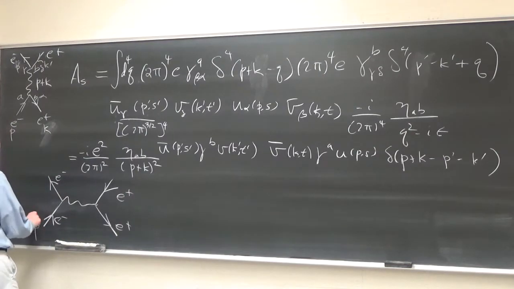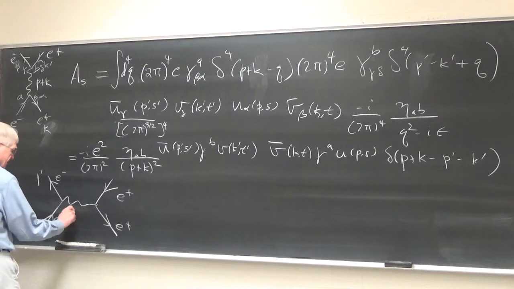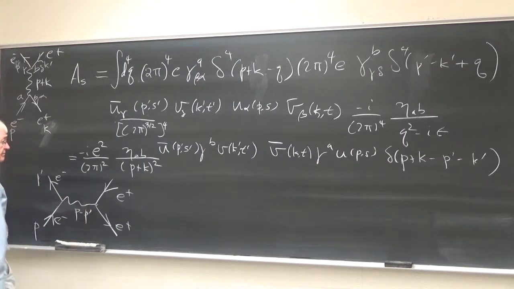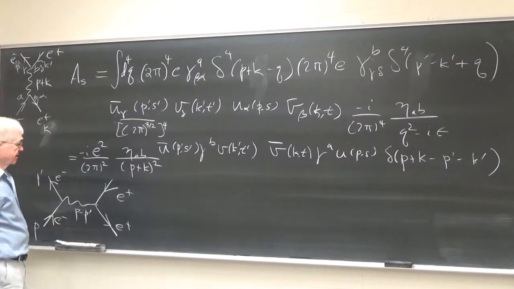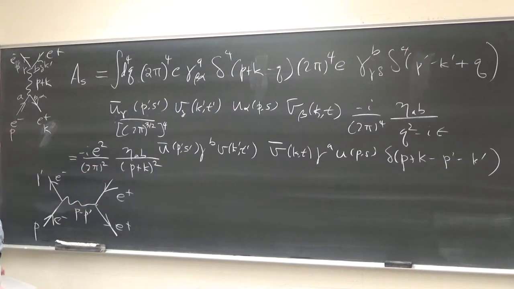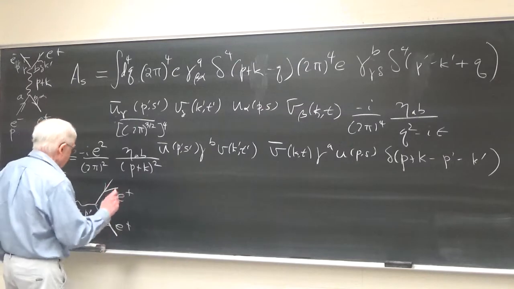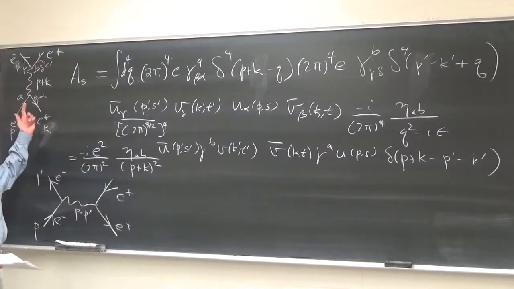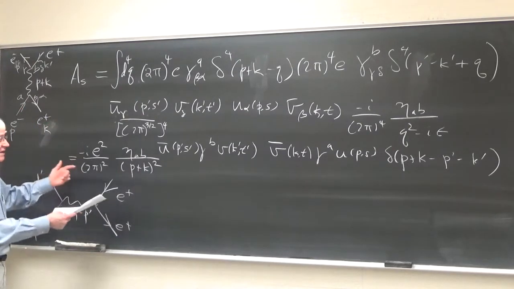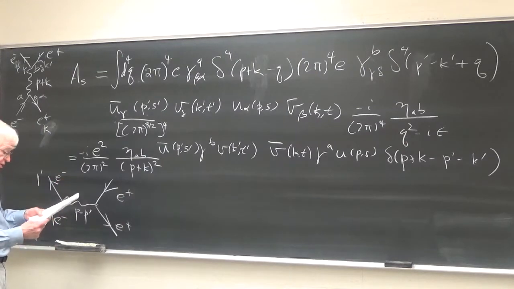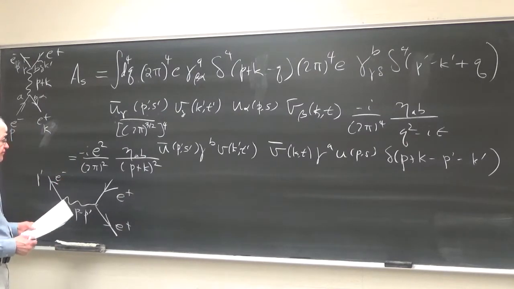If this is p and this is p′, then this is p minus p′. And now we can basically just write the Feynman diagram down. But notice we're dealing with fermions here, so we have to worry about minus signs. And so I'm going to do this whole calculation in a little more detail to exhibit the minus sign.